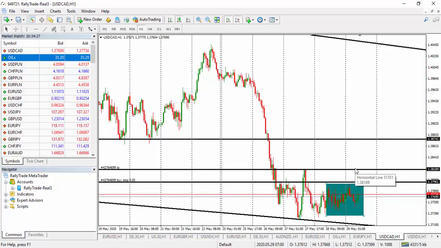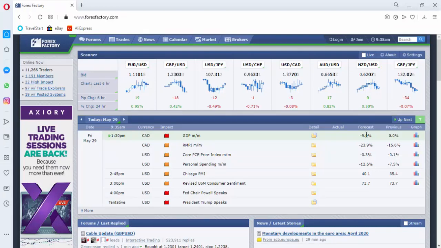So let's also check on the fundamental front if there's any major economic data that would also have some bearing on this instrument for today. This is forexfactory.com, and for today we can say that we are expecting a number of economic data from both Canada and then the United States.